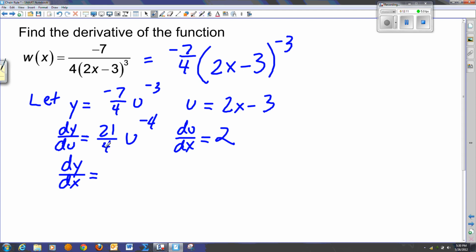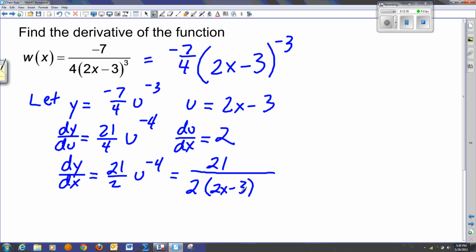The 2 and the 4 reduce to a 21 over 2 u to the -4th. Now I just make one more substitution. It's 21 in my numerator over 2. The u value is 2x minus 3. And since I had a negative exponent, I bring that into my denominator, and the exponent becomes positive. And that's my derivative.